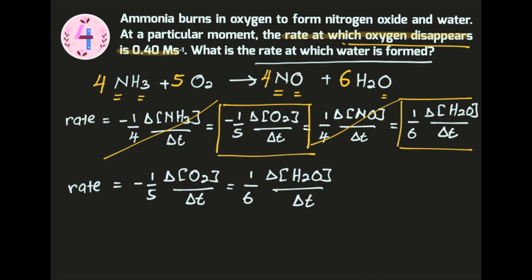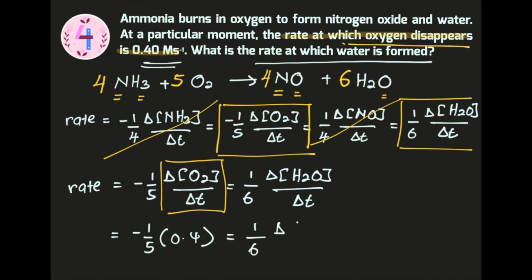Alright, what else do you have in the question? You have the rate at which oxygen disappears. The rate at which oxygen disappears means only this part. So what you are going to do is plug in this value. So it's equivalent to 1 over 5 times 0.4, which is equivalent to 1 over 6 delta concentration of water over delta T. So we are going to find what this value is first, then only we will work things out.